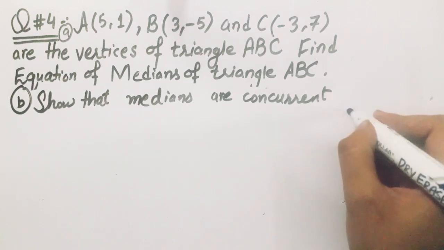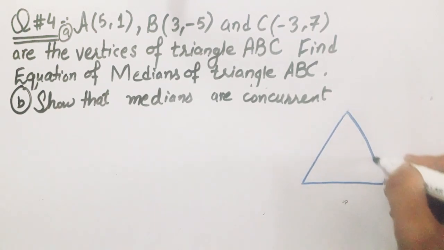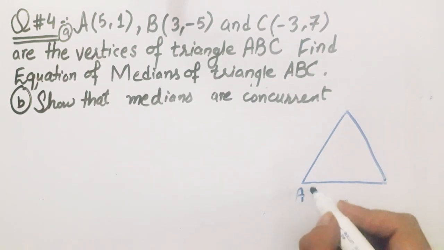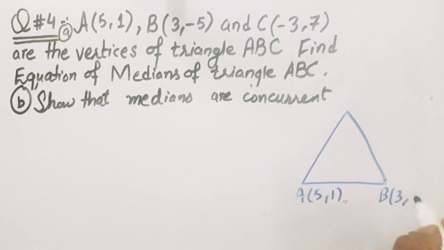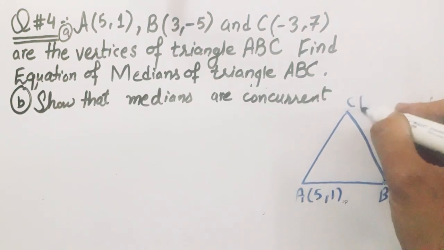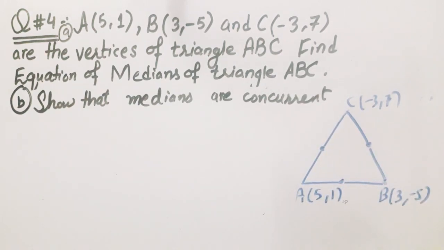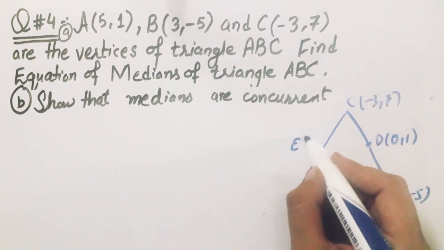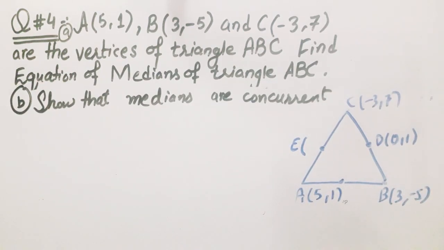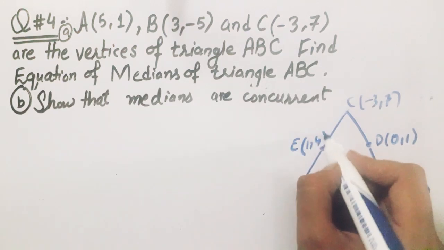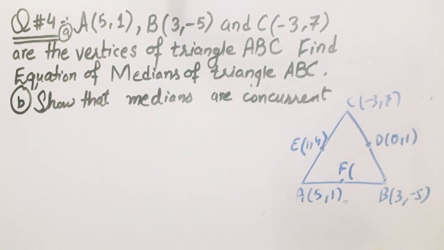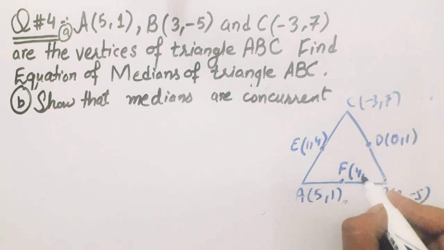For this purpose, we will first draw the triangle, where A is (5, 1), B is (3, -5), and C is (-3, 7). We also have the midpoints: D is the midpoint of BC, that was (0, 1), E is the midpoint of AC, that is (1, 4), and F was the midpoint of A and B, that was (4, -2).